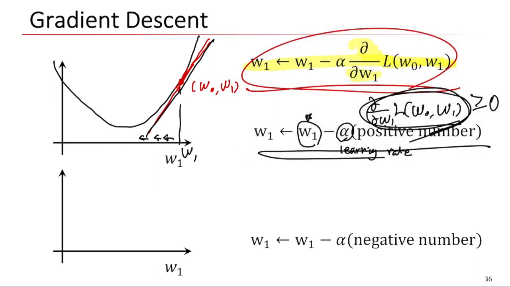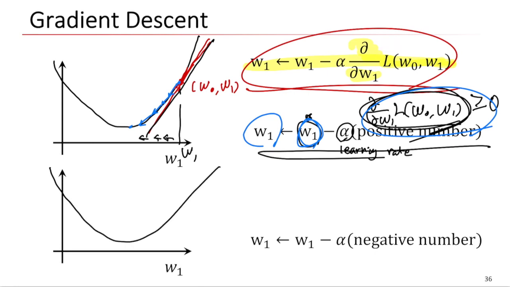It means that we just follow the line until convergence, okay? So if the gradient of the loss function is positive, we should decrease our variable, right? What about another case?